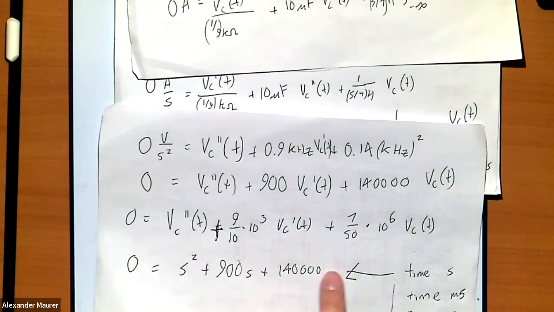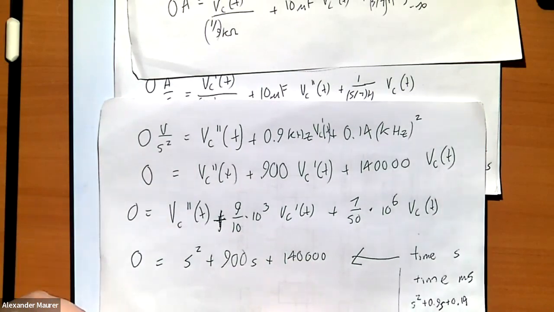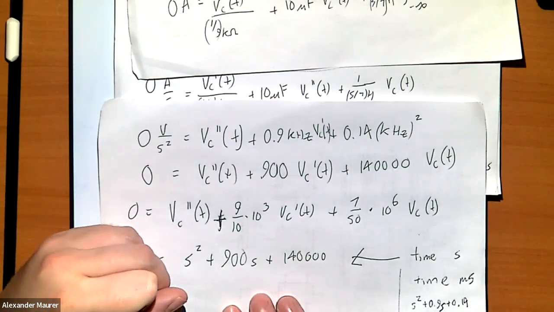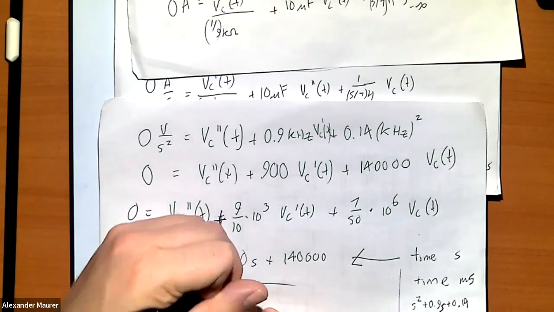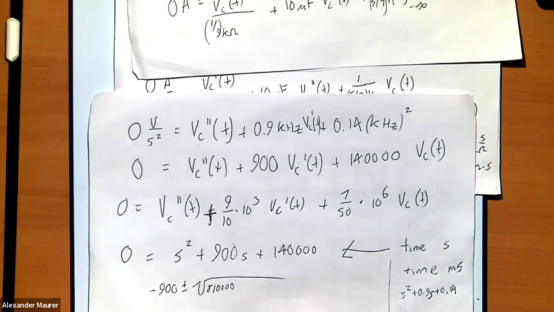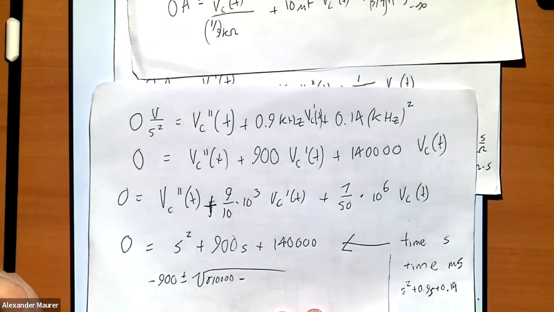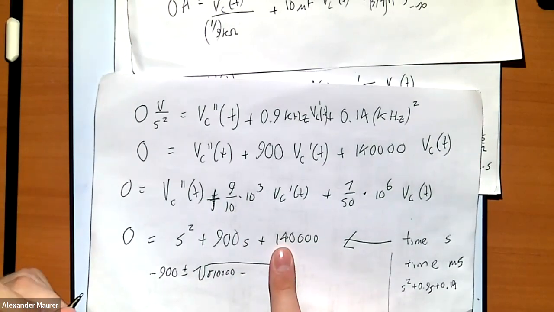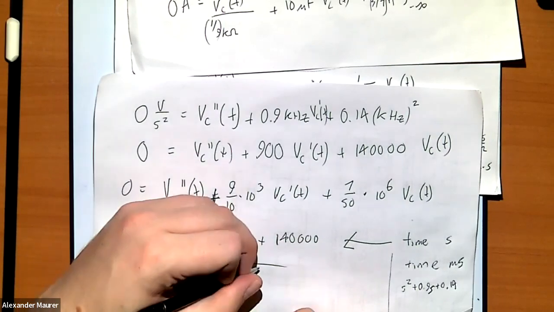All right, so this is the time in seconds version. So if we throw this into the quadratic formula or factor it, it doesn't really matter. This is going to be negative 900 plus or minus the square root of b squared, which is 810,000 minus 4ac, so 4 times 140,000 is 560,000.